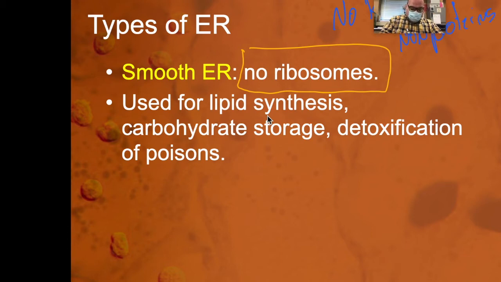So you've got lipids and you've got carbs. Now, these also detox your cells, okay? So these will compartmentalize things that you don't want to mess up or damage or harm, things that are going on inside the cell.